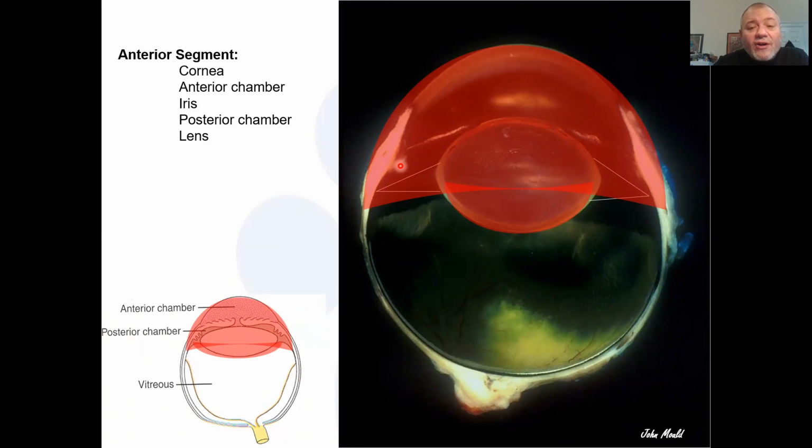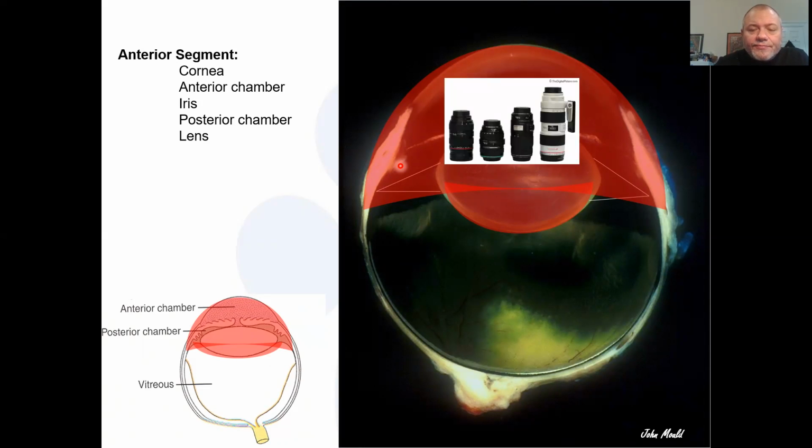And the anterior segment functionally is analogous to the lens on the camera, in much the same way as we select the right lens for the right job. We select a long focal length lens with a wide aperture to try and do sport photography. We might have a short focal length lens to give us wide angle photography for landscapes.